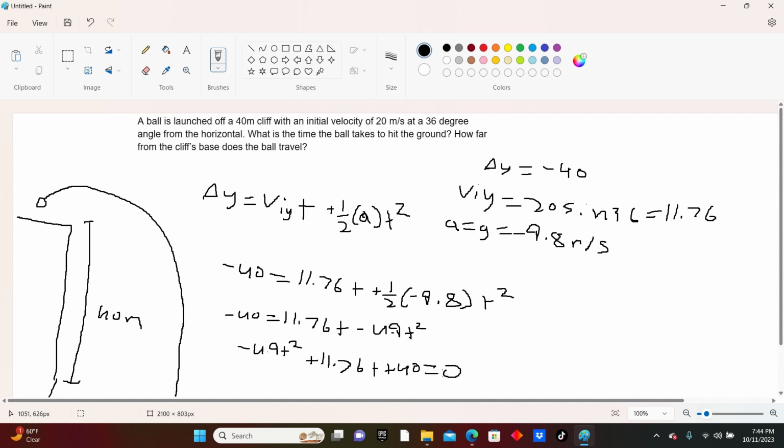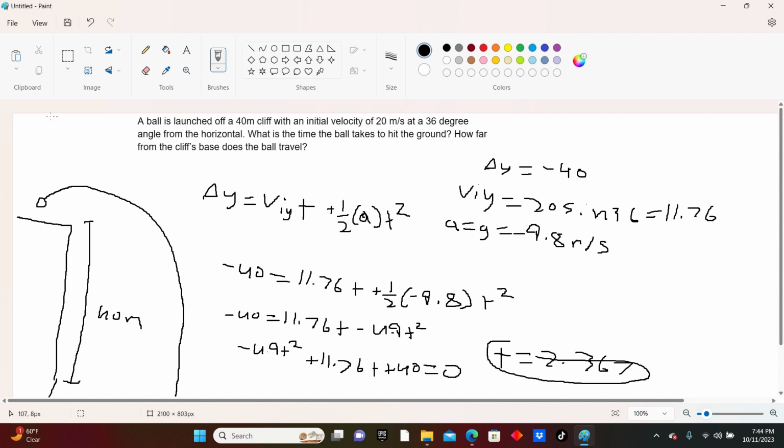One is 0 and one is 2.367. But the time can't be 0, because then it wouldn't have traveled a distance at all. It would just have stayed here, but it's traveled off a cliff. So your answer is t equals 2.367, and this is the first part.